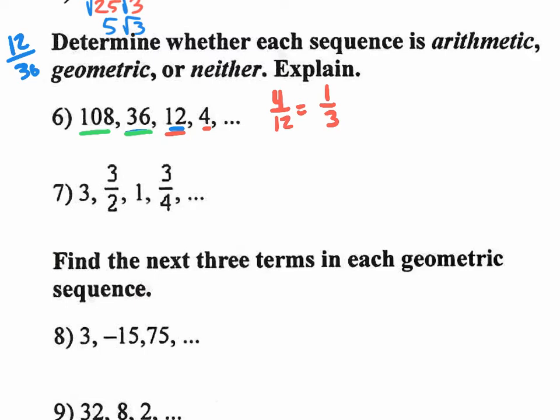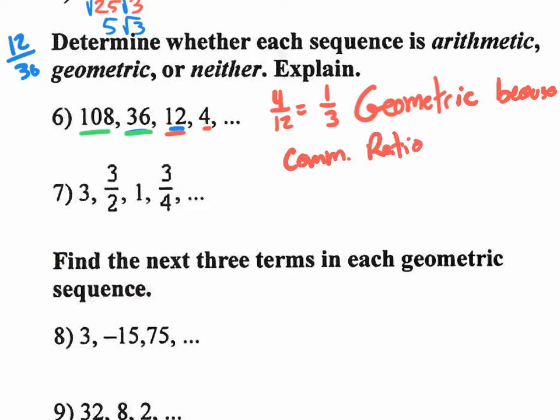So your common ratio is R. So is it arithmetic? No, because there's no common difference. Is it geometric? Yes. So why is it geometric? It's geometric because there's a common ratio of 1/3.